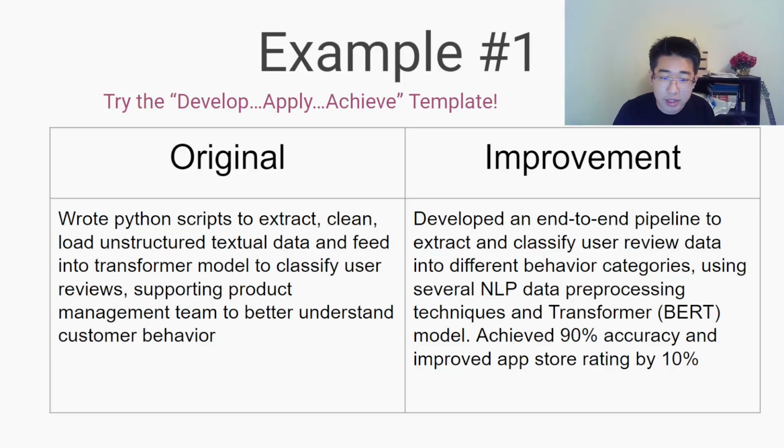Wow, now that sounds really great because you are seeing some direct business value. It's something that's not related to data science, actually. It's related to business. Improve App Store rating. And that really shows the significance of this project, right? You improve the App Store rating by 10%. That brings more user activity. That brings more downloads.